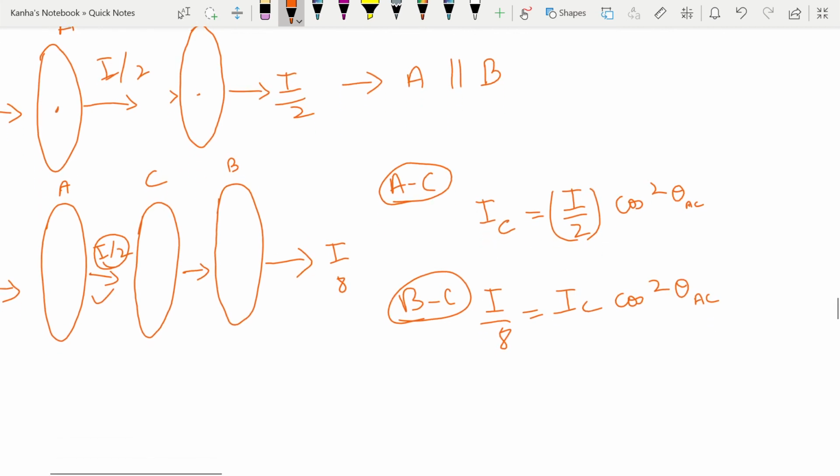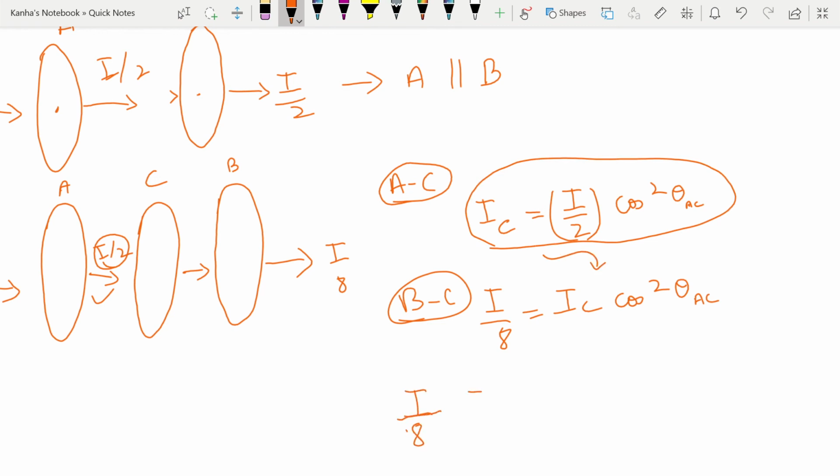With these two equations, we need to solve everything else. So what will we do? We will substitute the value of IC from here into this equation. So I can write I by 8 is equal to I by 2 into cos to the power 4 theta AC.